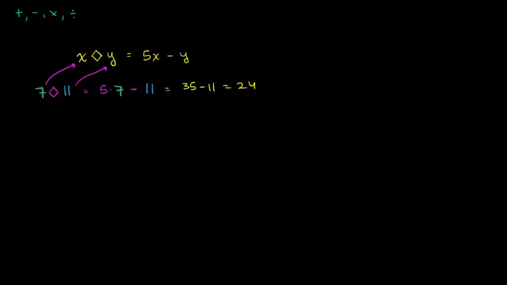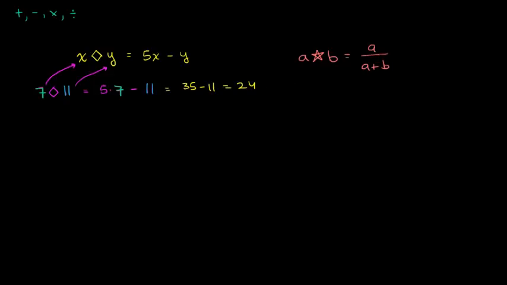We can define other things. We can define something crazy like, let me use a star. A star b. Let's say that that is the same thing as, I don't know, a over a plus b. And so same idea.